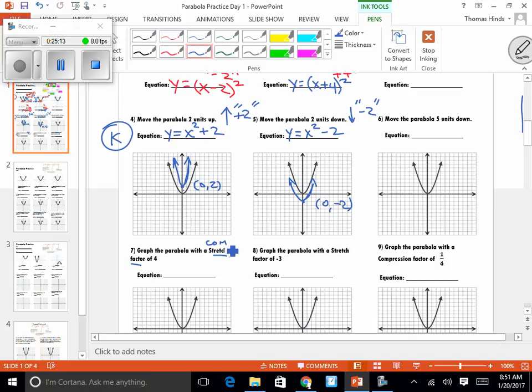Whether they say stretch factor or compression factor, those words don't really matter, other than that they both mean the letter A. Once you know it's the letter A, you know where the number goes. It's at the very front of everything. So let's get these two, and then we can squeeze some from the back, and that's the main thing for today in terms of the first half.